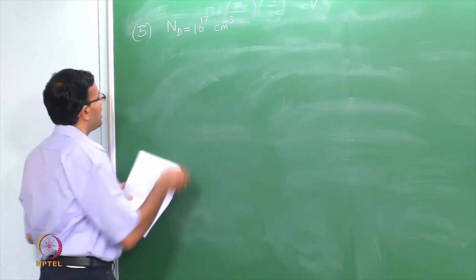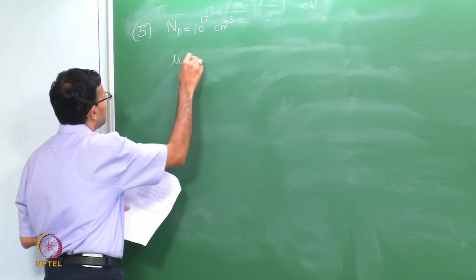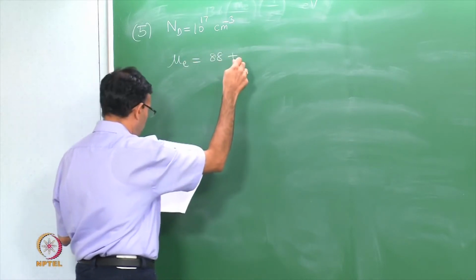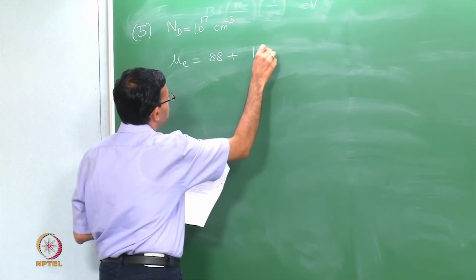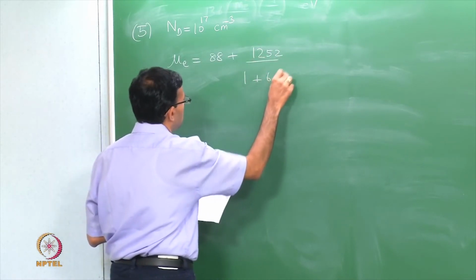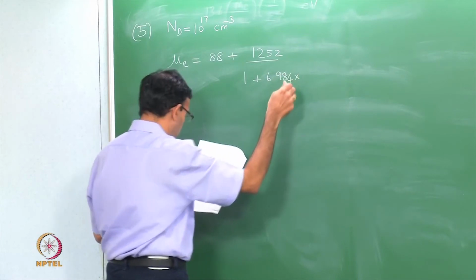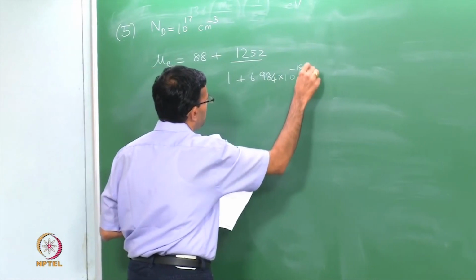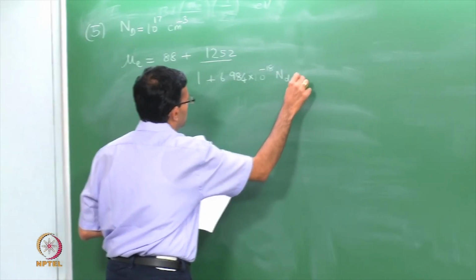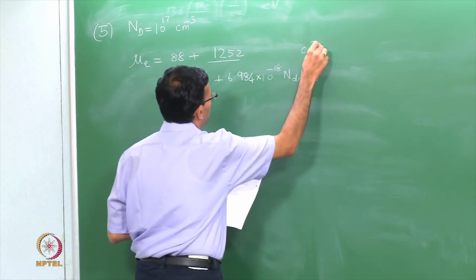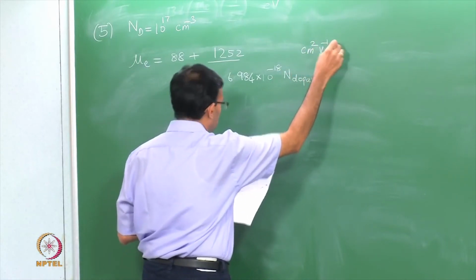So, in this particular case mu E is given to be 88 plus 1252 divided by 1 plus 6.984 times 10 to the minus 18 N dopant. The units are centimeter square per volts per second.